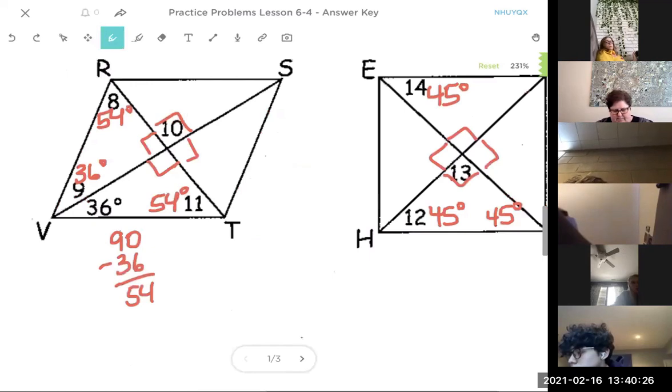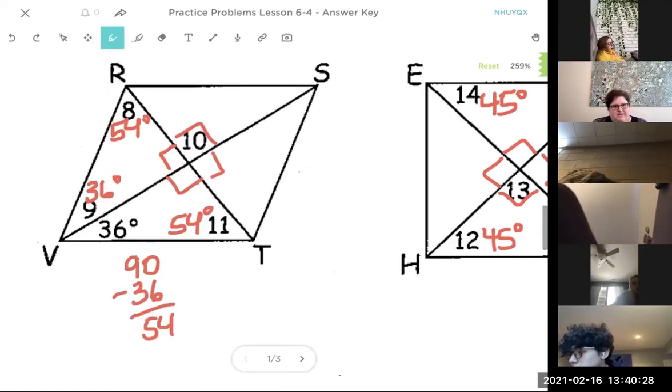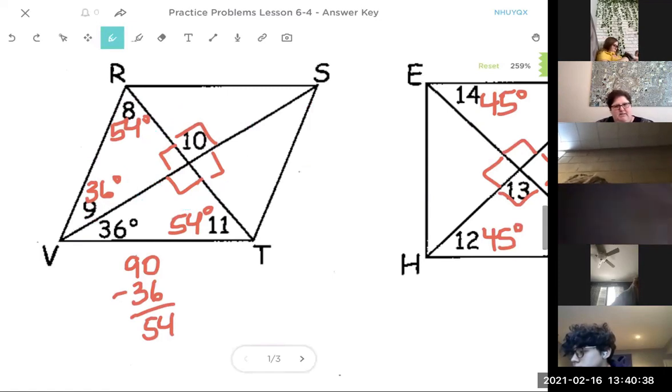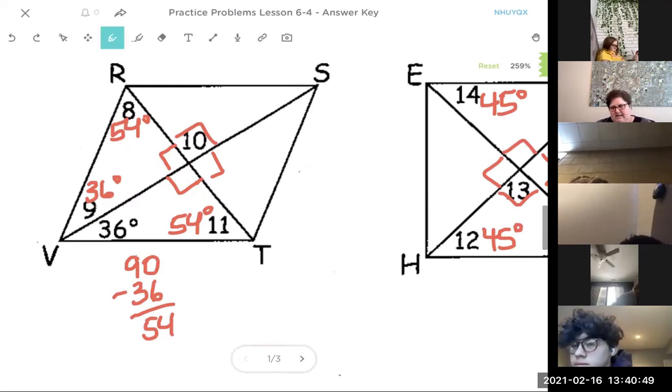Okay, for a rhombus. Rhombuses have perpendicular diagonals. When you see a rhombus, the very first thing you should do is draw in those right angles. What other properties can you tell me about rhombuses that are helpful to figure out the angles? Austin, what else do you know about a rhombus that helps you find the angle measures?